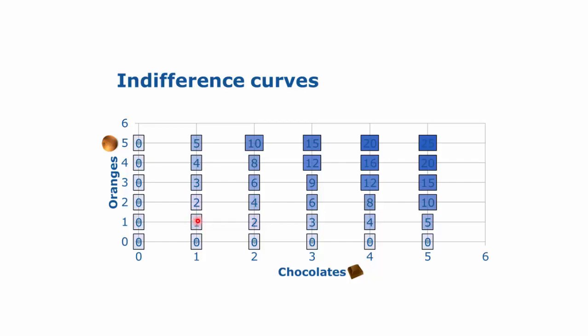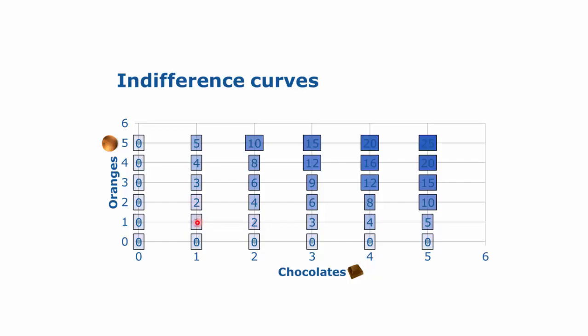All that it really means is that I like the bundles that make me happy 1 more than the bundles that make me happy 0. 1 is better than 0. That's the only thing I can say. And 1 is not quite as good as 2. Here you see that there's a bundle that makes me happy 2. It's a different bundle, and apparently it makes me happier.